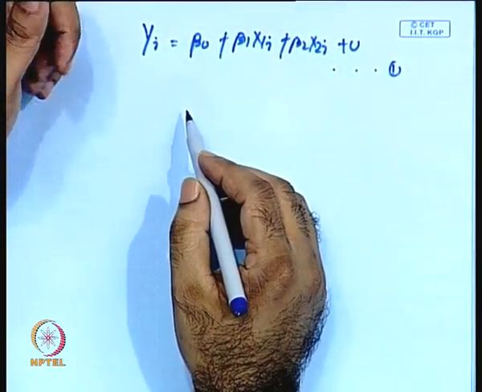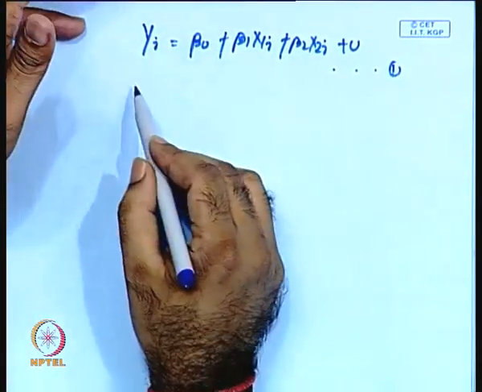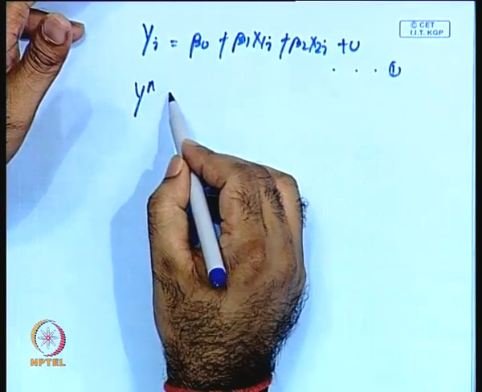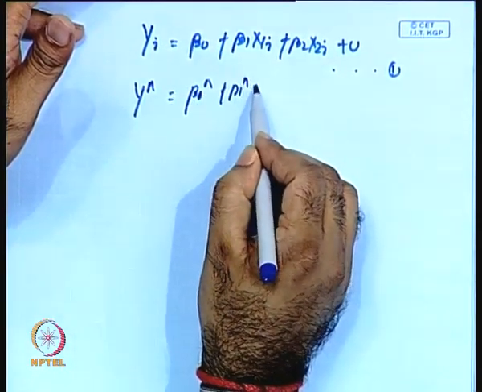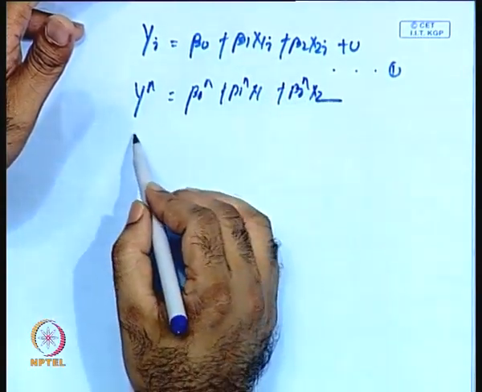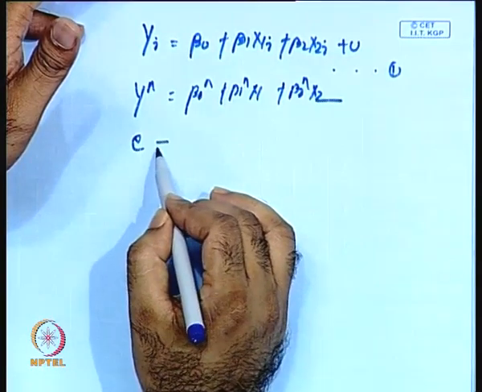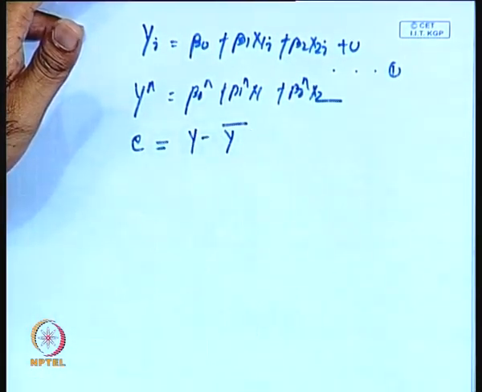Then our objective is to fit the estimated model. Obviously, let us assume that the estimated model is y hat equal to beta 0 hat plus beta 1 hat x1 plus beta 2 hat x2. Then the next step is we have to design the error component. Error component is nothing but y minus y hat.